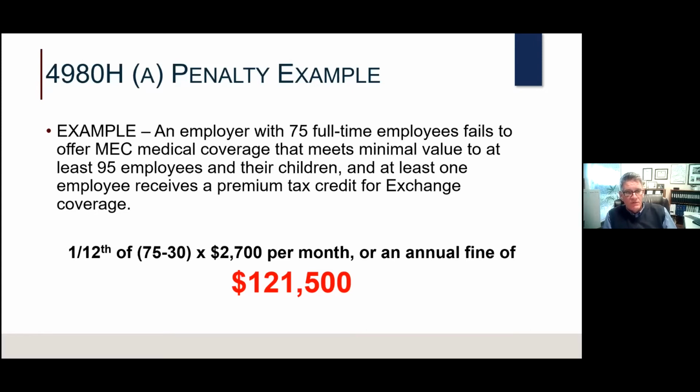You get credit for the first 30 employees. So in this situation, you're going to pay that $2,700 per month times 45 employees, or a sum total of $121,500. So as you can see, these A version penalties get very big very quickly.